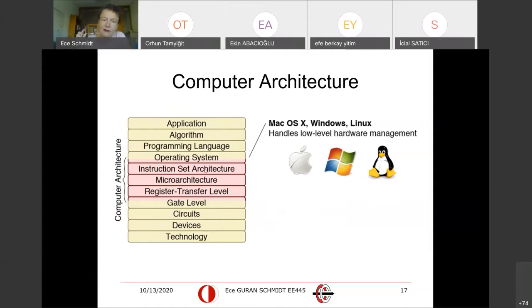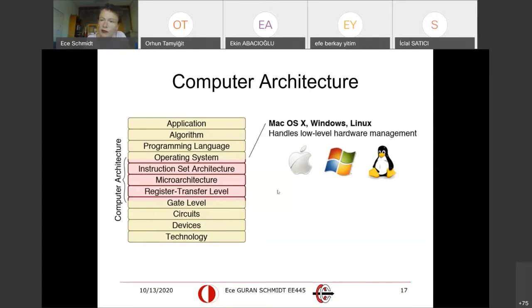There is an interface between what we wrote, the application using a high-level programming language, and the instruction set architecture, which I will explain; it basically describes how the machine really works to a programmer. There's an interface called an operating system, and it's a program itself, software, that handles low-level hardware management. Windows is an example, Linux and Unix are examples of operating systems.